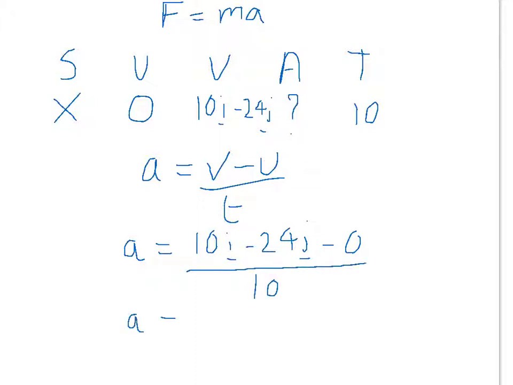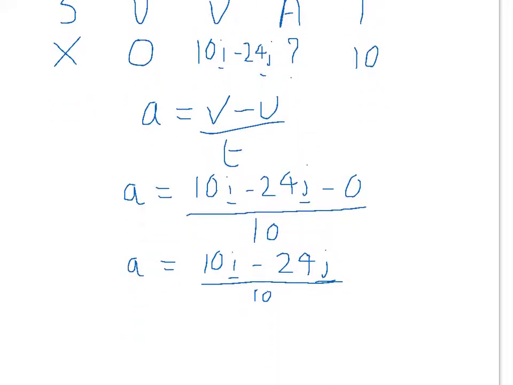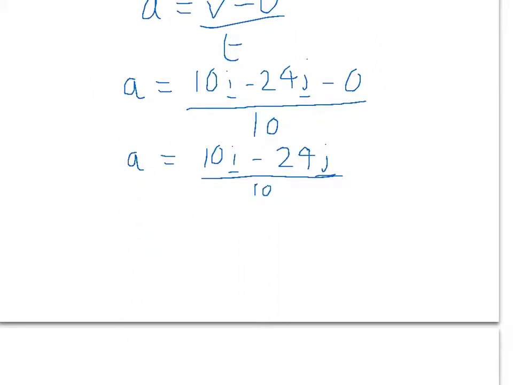If we work this out, we get 10i minus 24j over 10, which becomes i minus 2.4j.